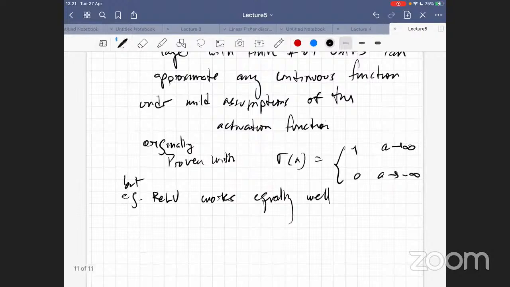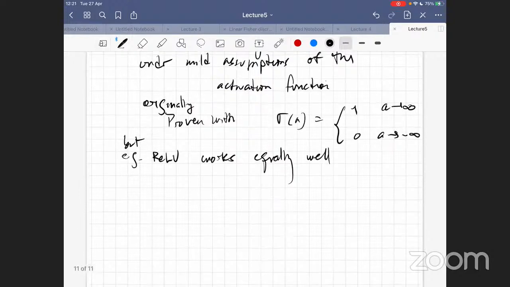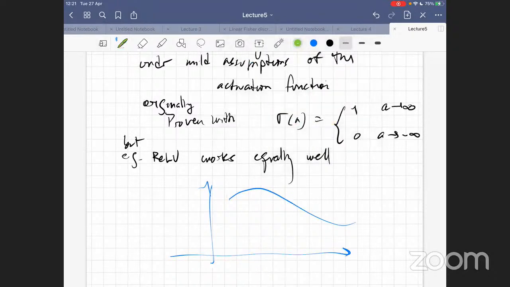So all this actually requires is the following. Imagine that you have here a graph, and you have some function here that you want to approximate. All it requires is that you be able to approximate your function with rectangles. Okay, this is the only thing.